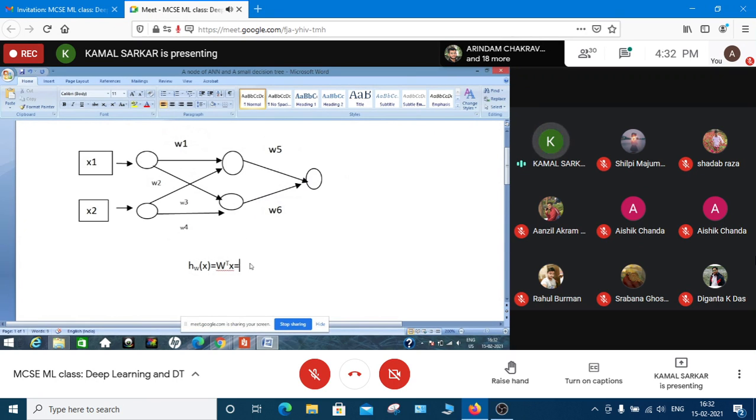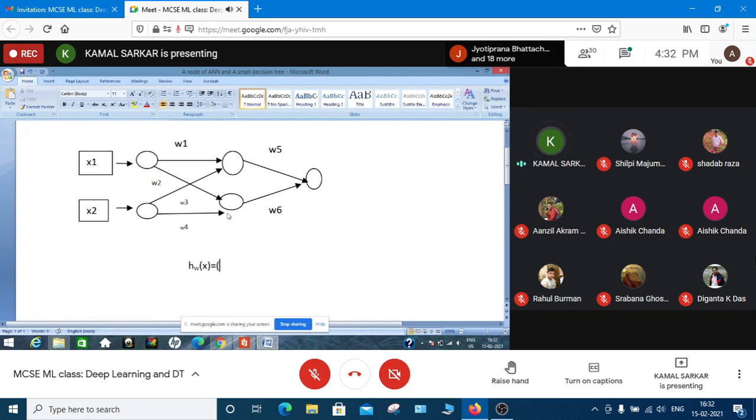So logically, h theta x should be W1 x1 and W2 x3 there. That should be a linear combination, but it is a linear node.